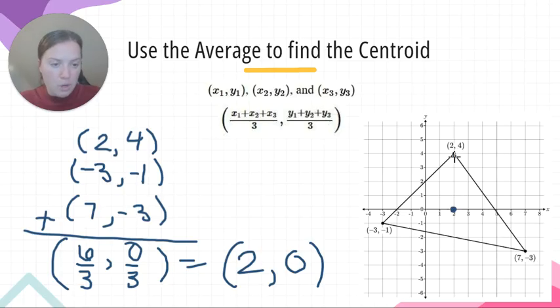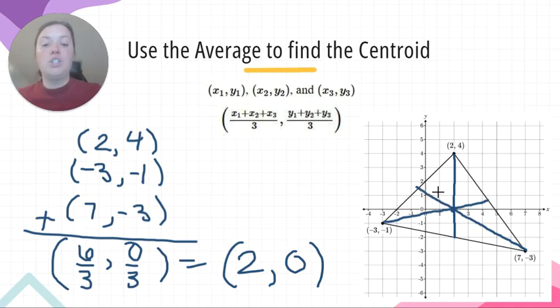So if I were to draw lines going from my vertices to the midpoint on the other side, all these lines would meet at (2, 0). So just remember, we add up all of our x's, we add up all of our y's, and we divide each one of them by 3. Sometimes we'll be left with fractions, and sometimes we'll be left with nice whole numbers.